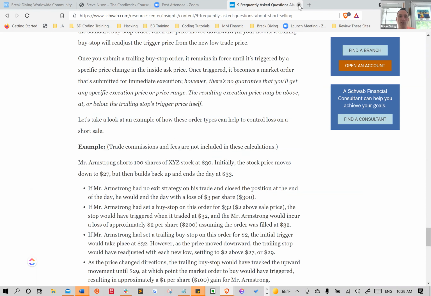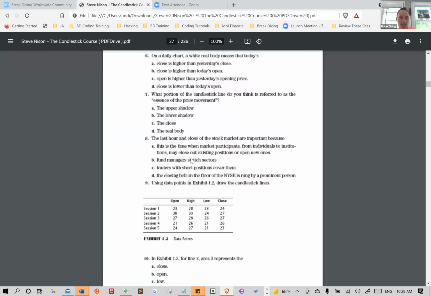All right, so I guess it's not definite. Wait, so then maybe the answer is A. This is the time when market participants, from individuals to institutions, may cover. It says may, but you can do that at any time. Traders with short positions cover them.